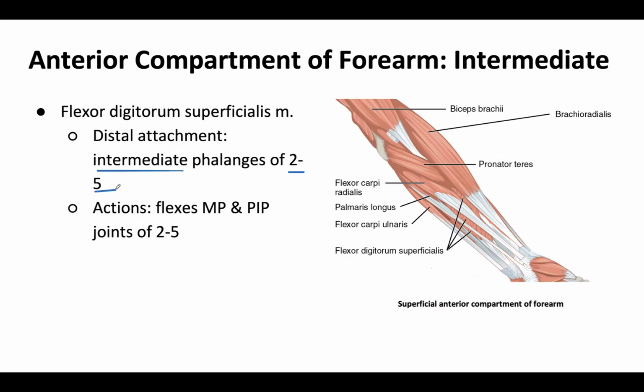This muscle will play a role in flexion in any joint that it crosses, so that would include the wrist, but its more powerful actions are flexion of the metacarpophalangeal or MP joints, but especially the proximal interphalangeal or PIP joints of digits 2 through 5.